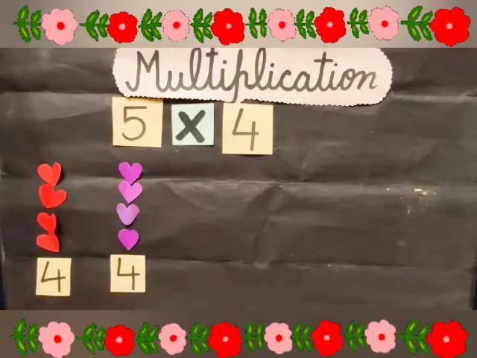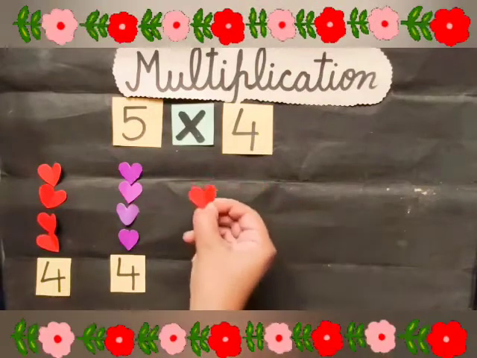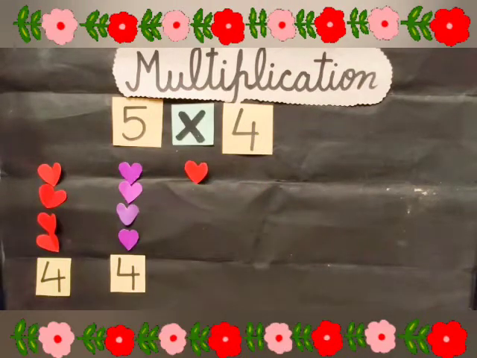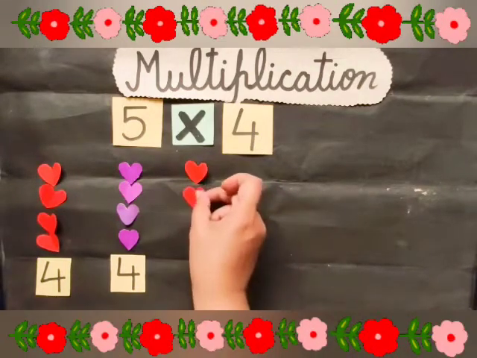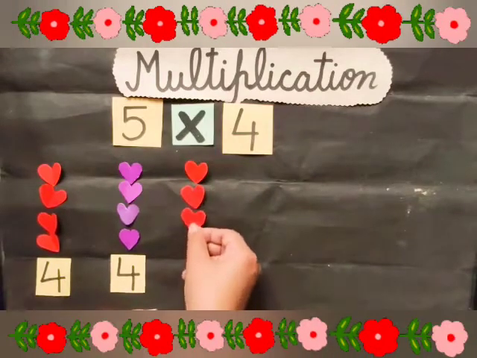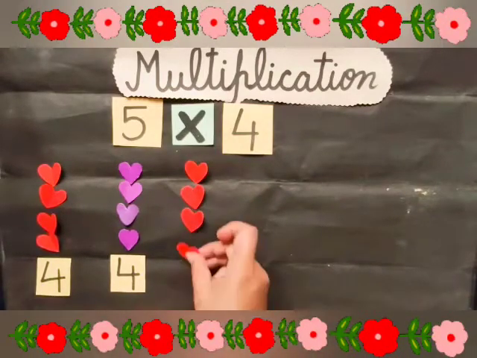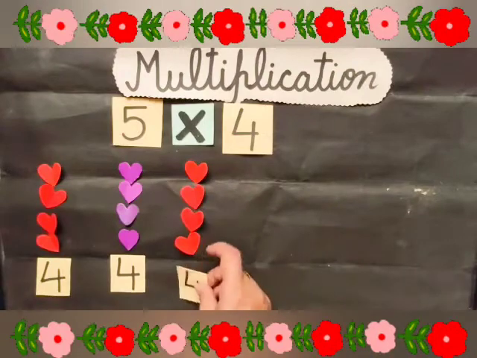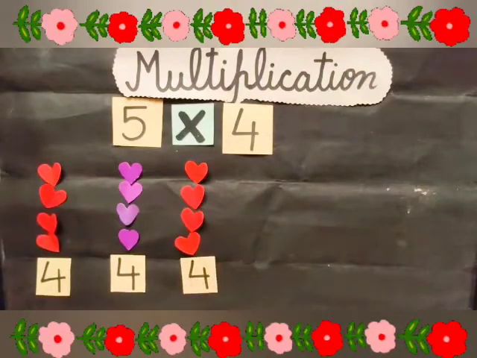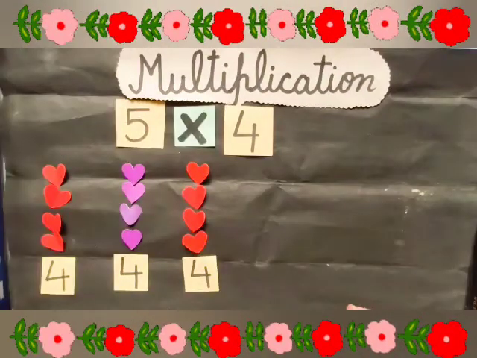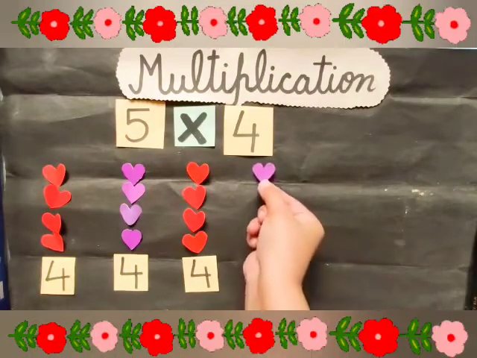In the third group, again 4 red hearts. 1, 2, 3 and 4. 4 red hearts in the third group. Now in the fourth group, again I will take purple hearts.